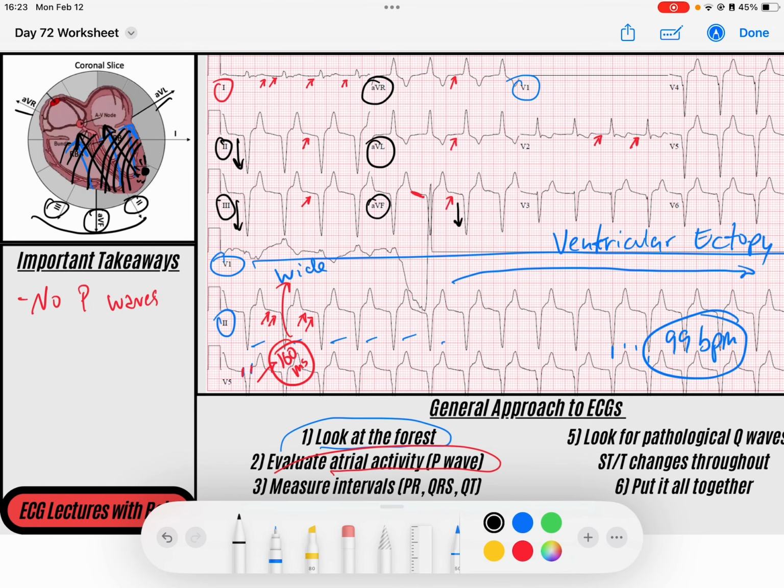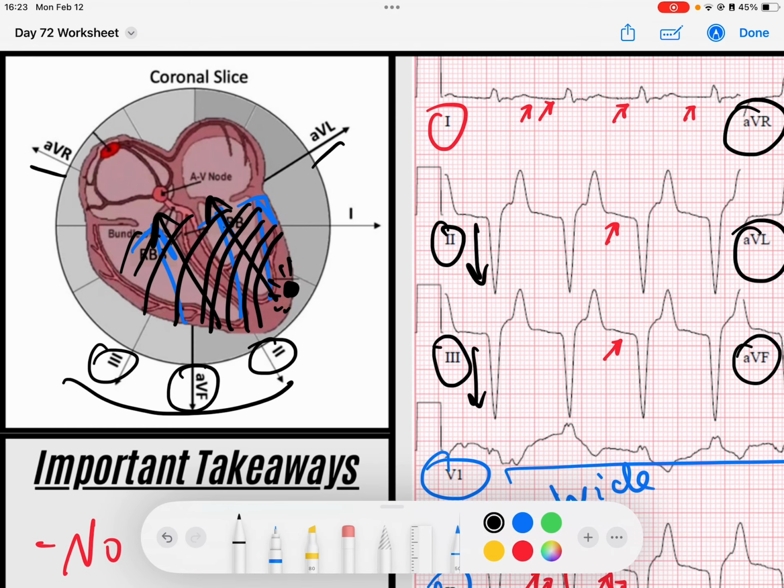AVR and AVL. And so, we've pretty much said that this wide complex rhythm is likely a ventricular ectopic rhythm. What is some more data that could help us say that with more confidence? Well, we know that some people's AV node is actually capable of retrograde conduction of a ventricular ectopy.